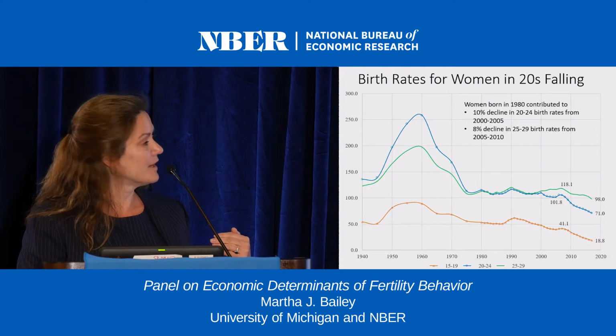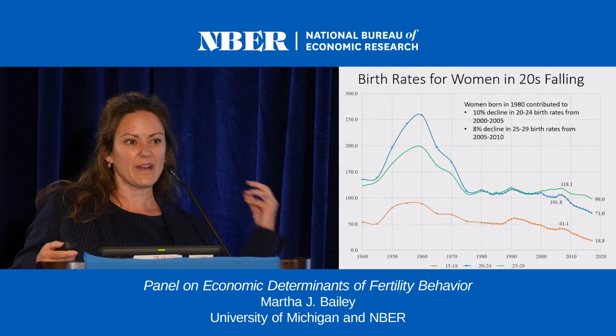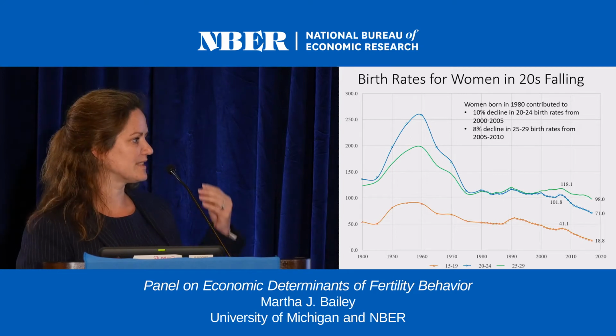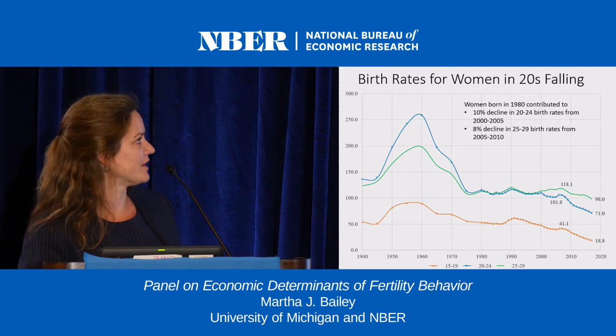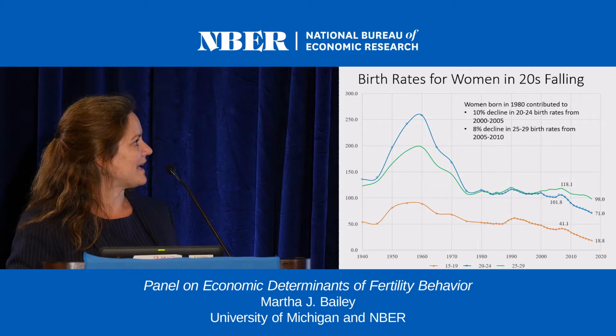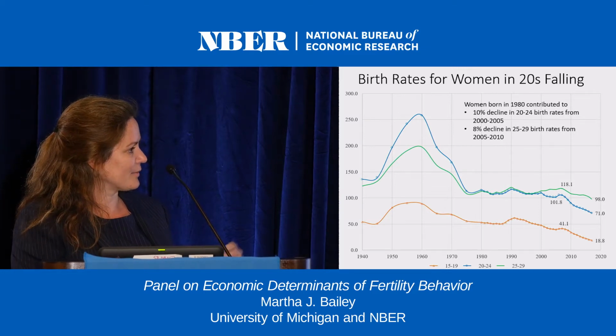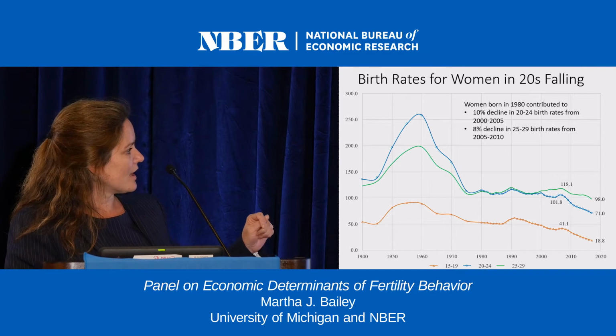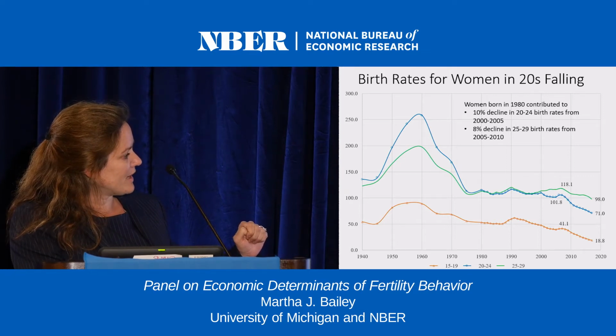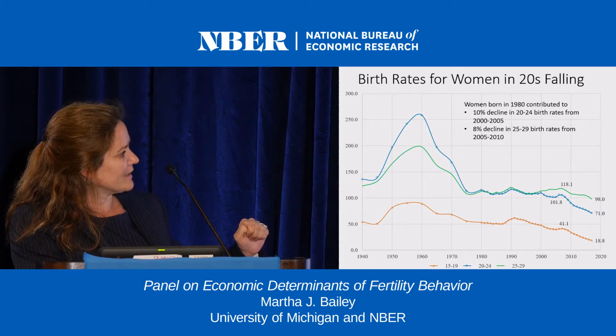So what do we think about the more recent cohorts? In particular, cohorts born in, say, right around 1980, because they're the most recent ones we can really start making projections on. So women born in 1980, they did contribute to, and this is what we're talking about in terms of the age-specific rates Karen put up there. These are age-specific fertility rates for 15-year-olds, they're at the bottom, 20 to 24-year-olds, they're right here, and the 25 to 29-year-olds are right up here, and these are taken from the NCHS vital statistics.